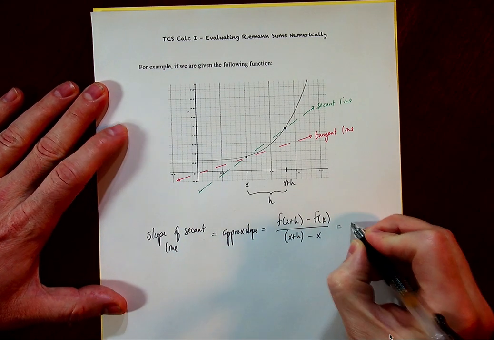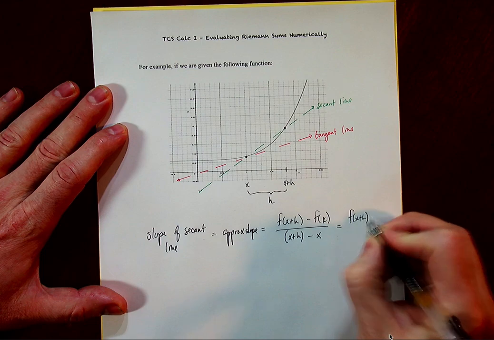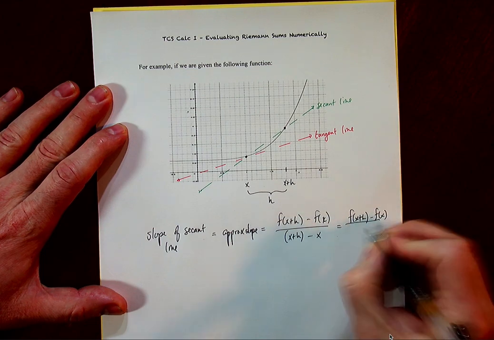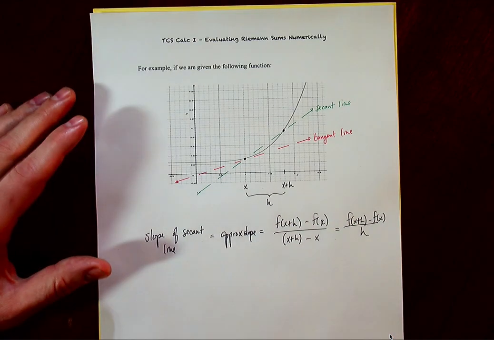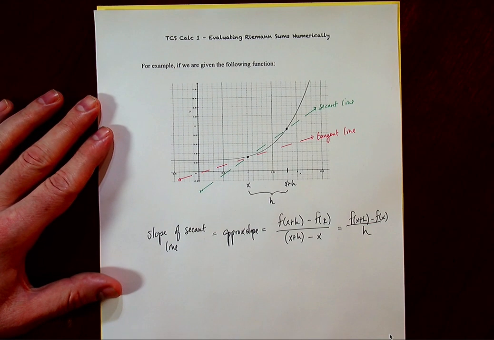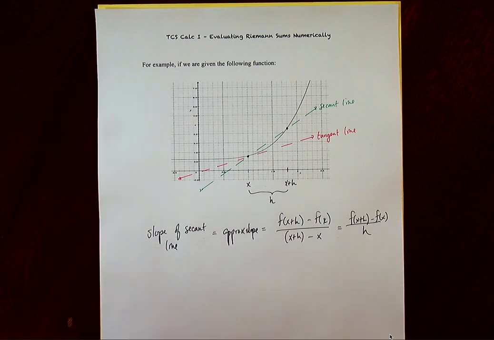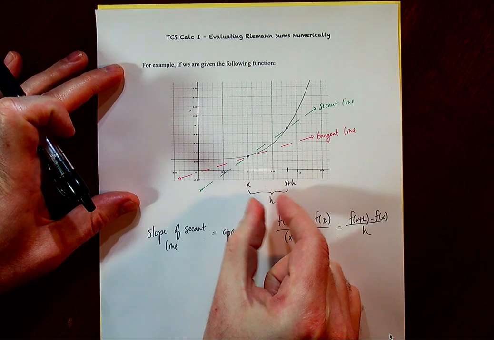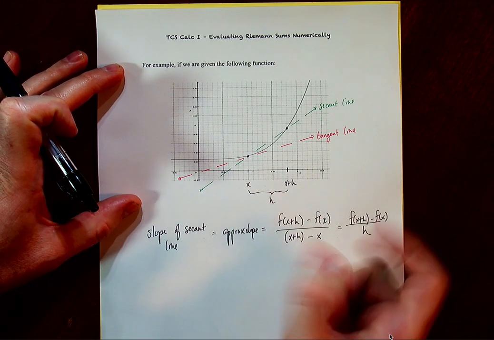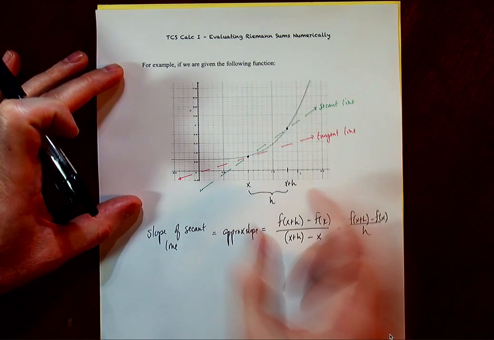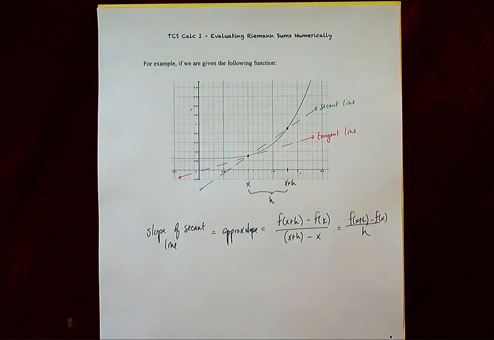And of course we can simplify that, as we've done in the past, to that. Now what we want to do is shrink that h, right? Because the more we shrink the h, the more the secant line is going to be a closer and closer approximation of the tangent line.